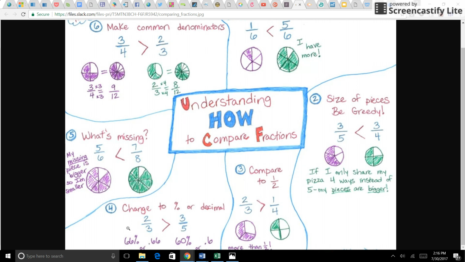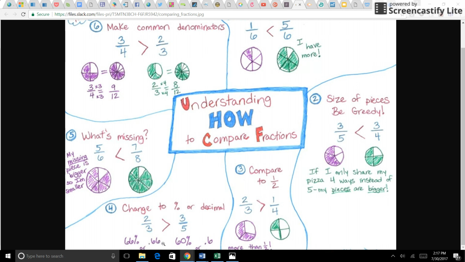A fourth way to compare fractions is to think about what they would be if we change them to a percentage or a decimal. Percentages and decimals and fractions all represent a part of a whole. So if I have 2/3, I can think about having 2 out of 3 pieces.